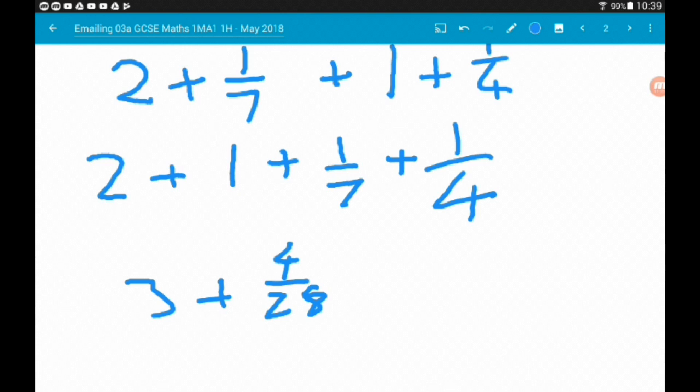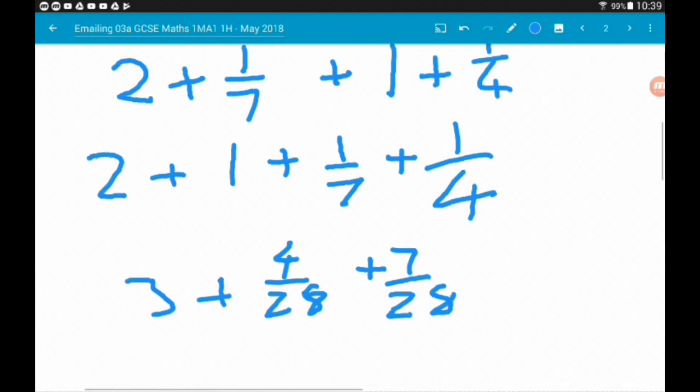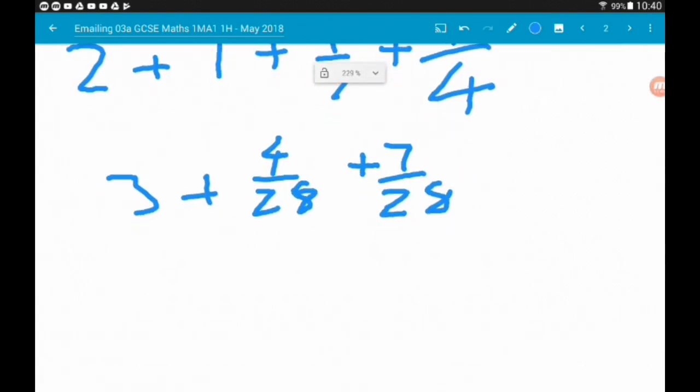To turn 1/4 into 28ths, we multiply the top and bottom by 7, so we get add 7/28. Altogether we've got 3 and 11/28.